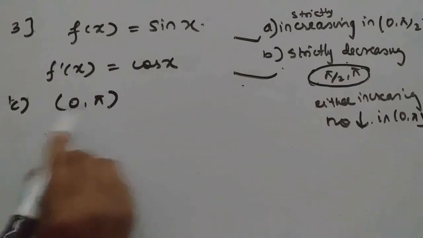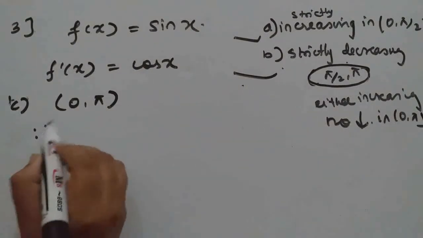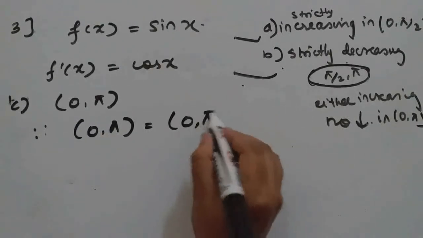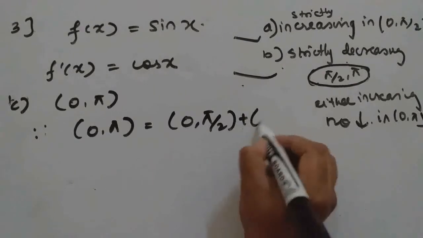So that's why for this we will write, since 0 comma pi, we can write 0 comma pi by 2 plus pi by 2 to pi.